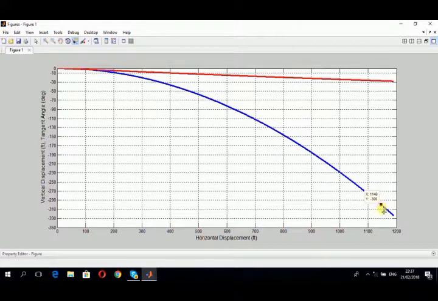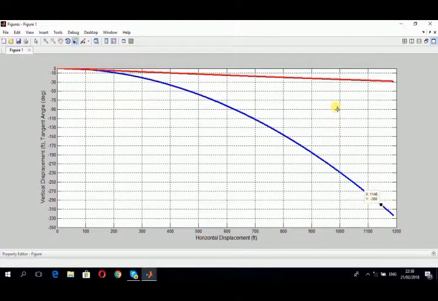That's true according to this point. That means the solution we got last session was correct: 300 feet vertical displacement downward, and only 1,140 feet for the corresponding horizontal displacement.